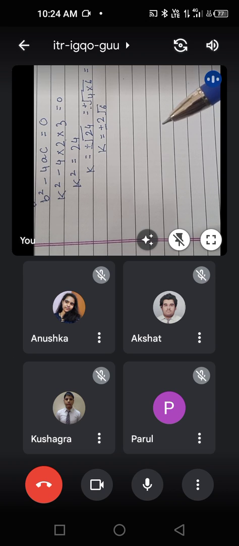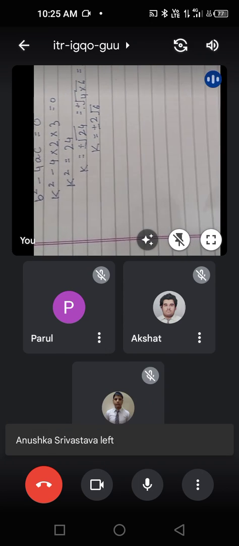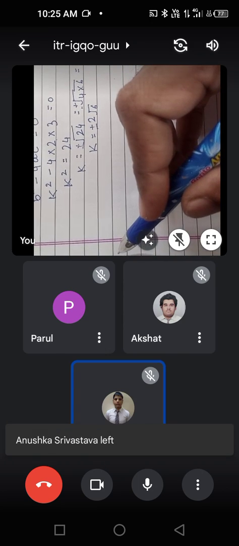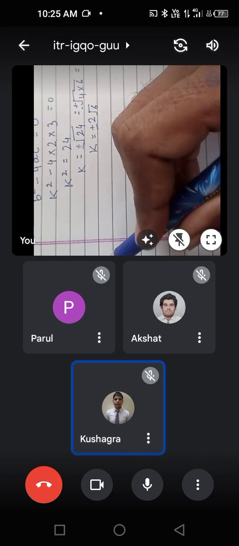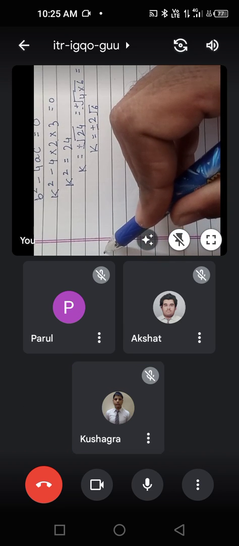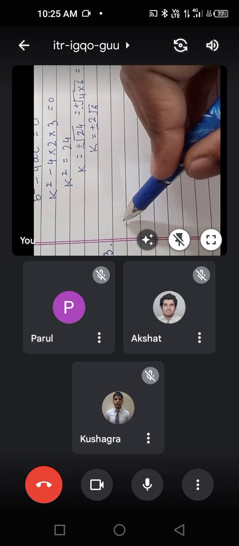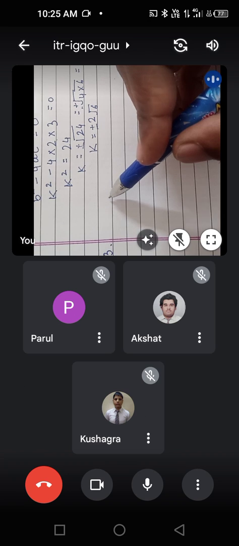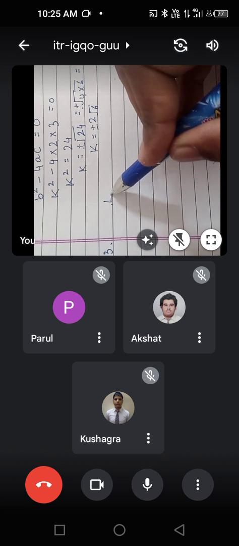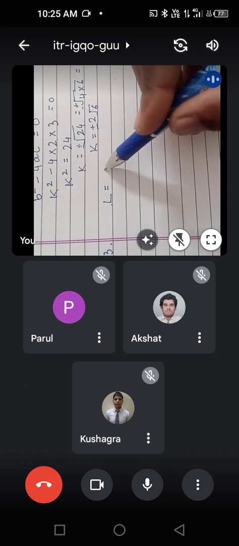As the question already says, is it possible to design a rectangular mango grove whose length is twice the breadth? So, according to the question, question number 3, the length of the mango grove is equal to twice the breadth.